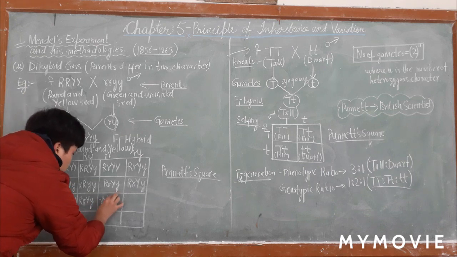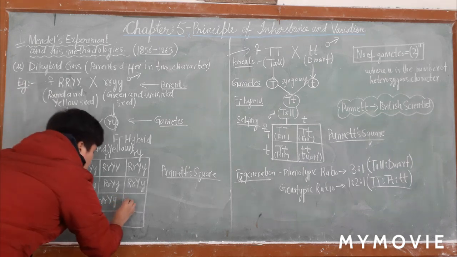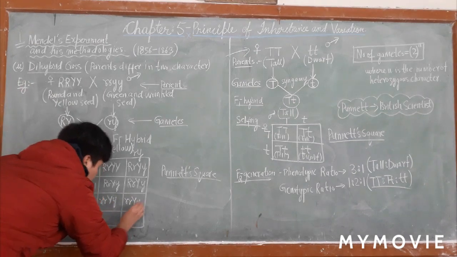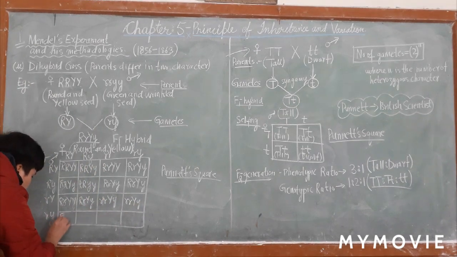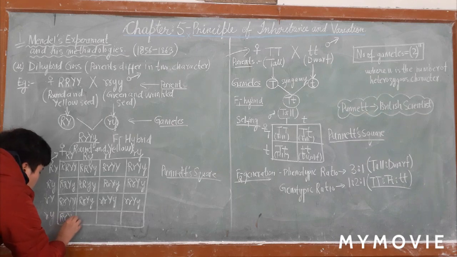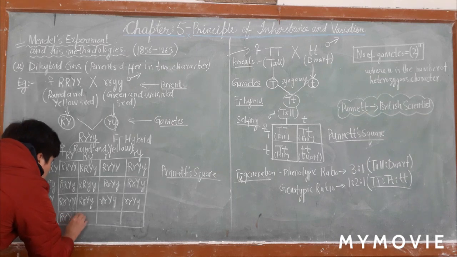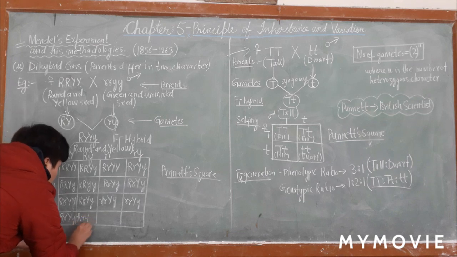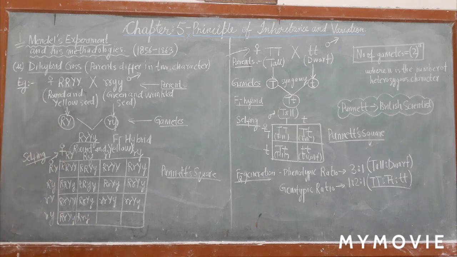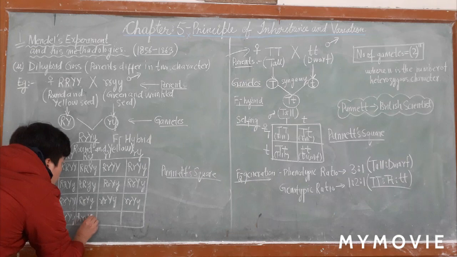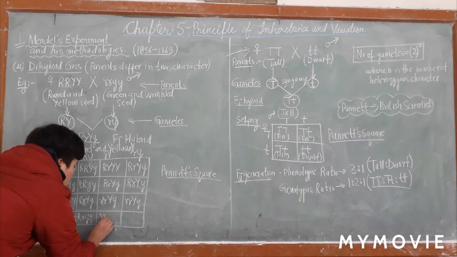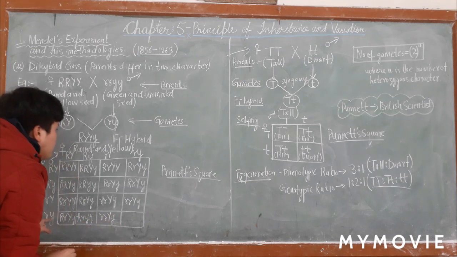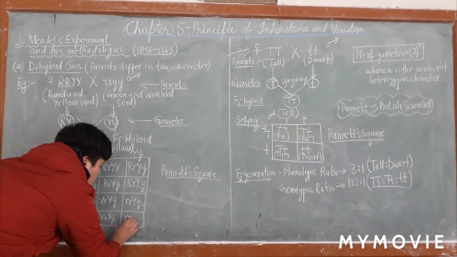Small r y y, r y y, and then you have small r y y, and then we have r y y, and then you have r y y.